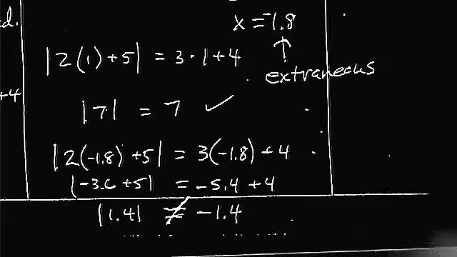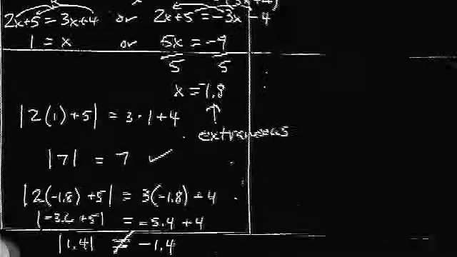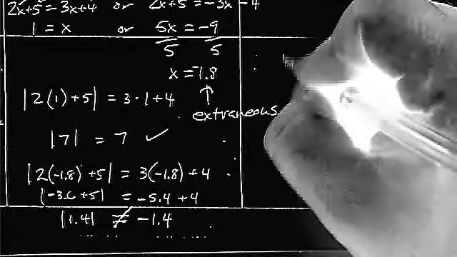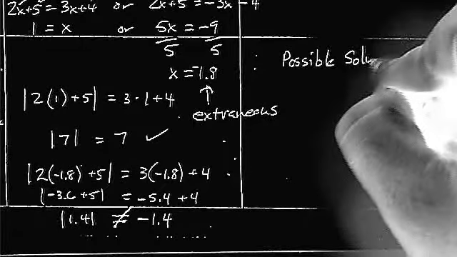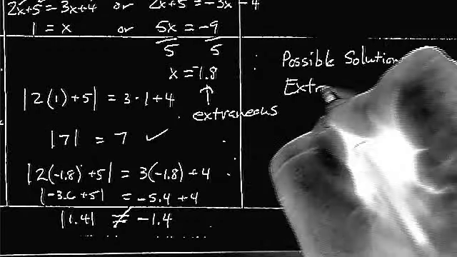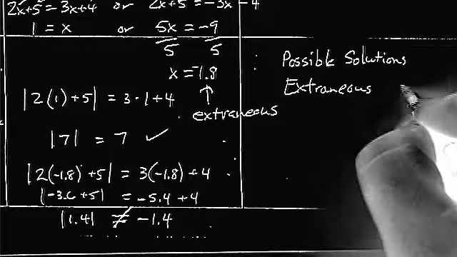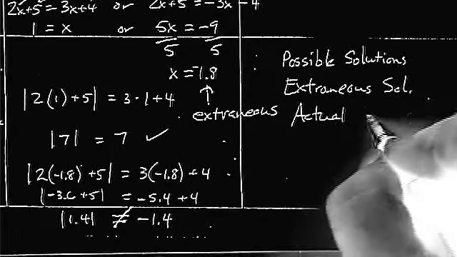This fits that definition. Now for all these problems, and we'll practice them in class, I'm going to ask you for the possible solutions, the extraneous solutions, and the actual solutions.